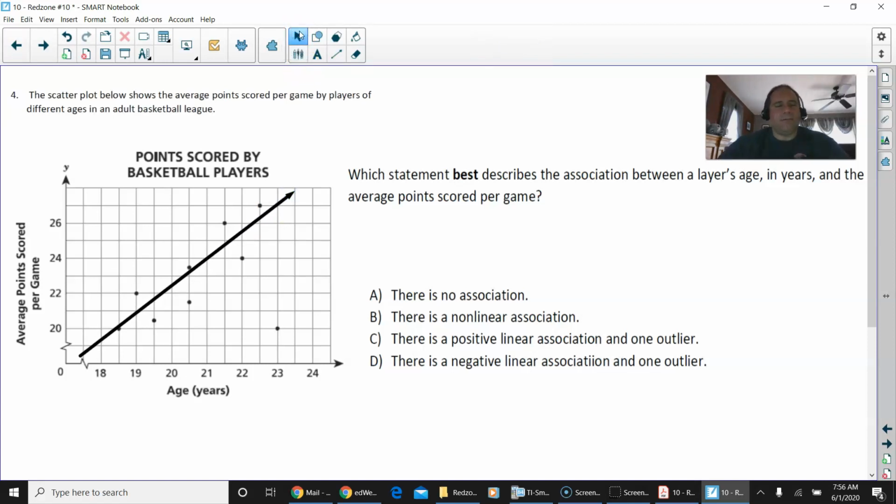Looking at that, that is going up from left to right. So take a second and see exactly what you feel the answer is. I'm going to give you a little bit of time. Go through those answers and pick out the one that you think is correct.